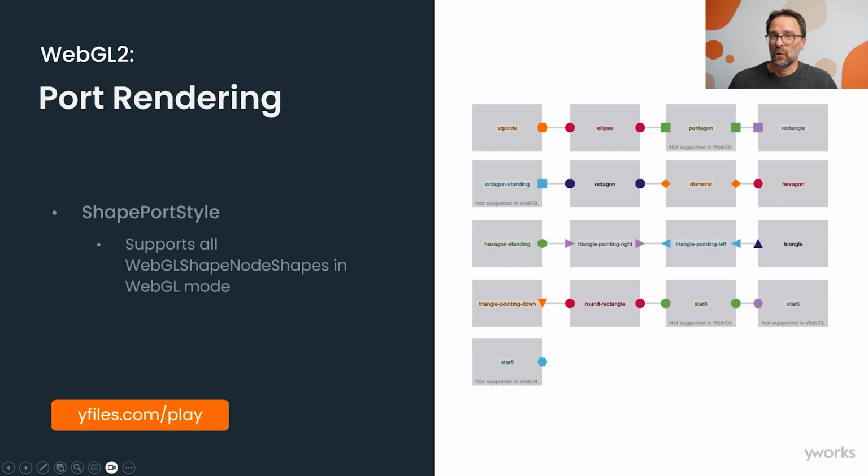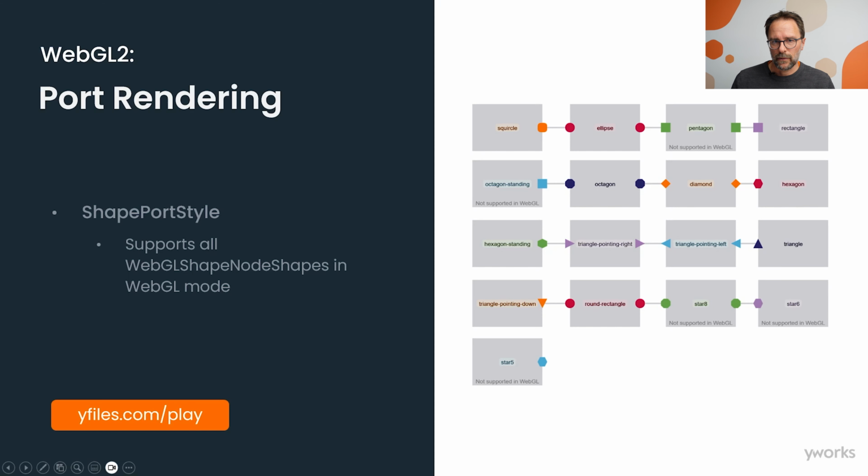Since with WebGL you don't get the option to easily implement your own styles, because this is all happening in shaders and low-level shader language, this is something that we had to add to the core library. And now, with a new version, you can use the shape port style default that allows you to add colored ports to your diagram in SVG.